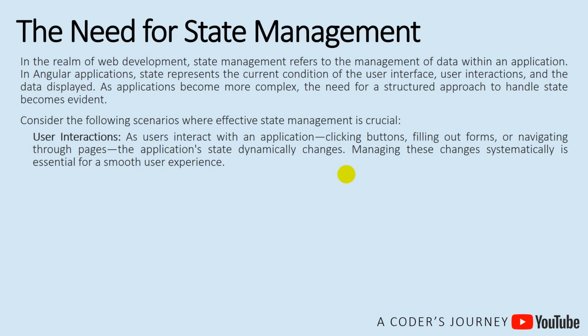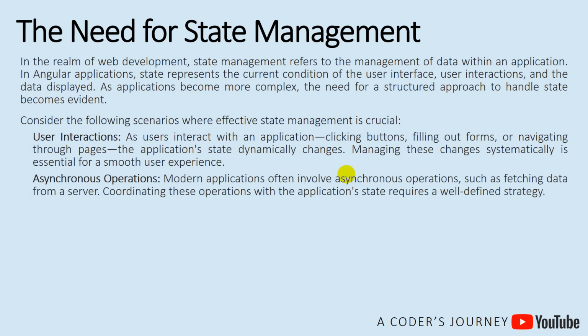As users interact with an application, like clicking buttons, filling out forms, navigating through the different pages of your application, the state of the application dynamically changes. So managing these changes systematically, of course in large scale applications with hundreds of components, is essential for a smooth UX or user experience.